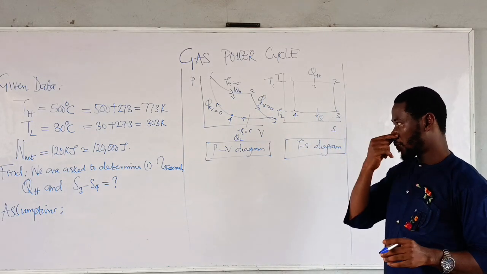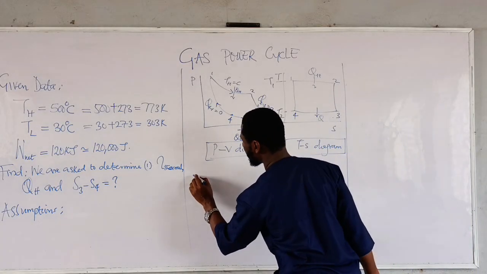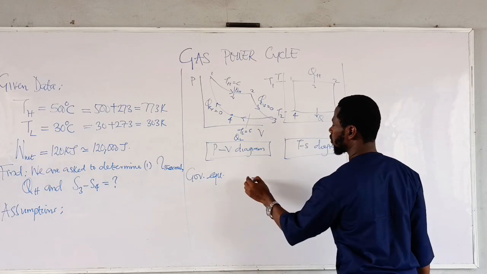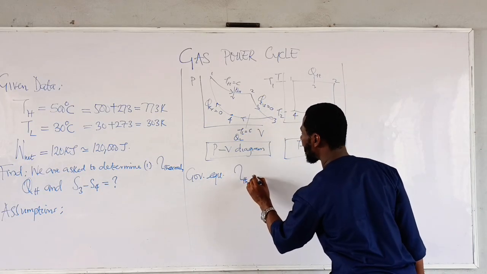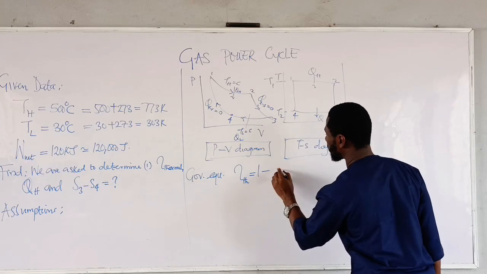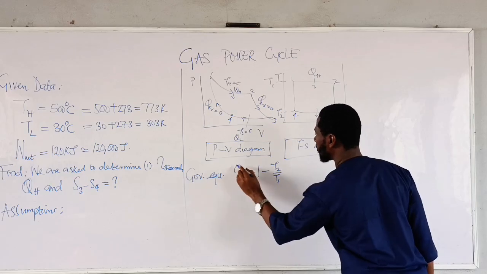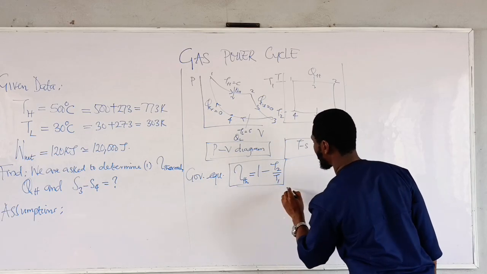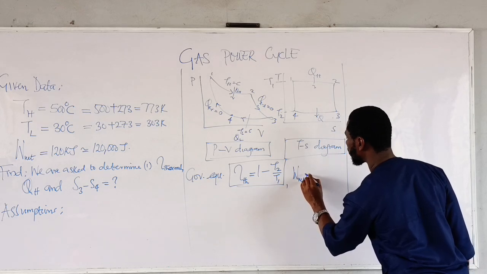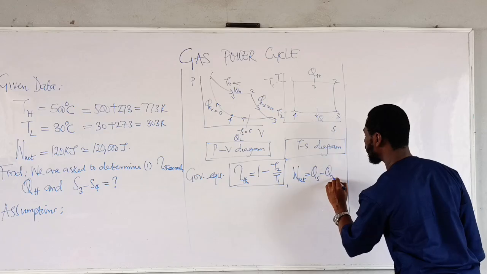So the next step is to write out the governing equations, which is step 5. The first one is the engine thermal efficiency, which is 1 minus T2 over T1. The second one is the net work output equals Q supply minus Q rejected.